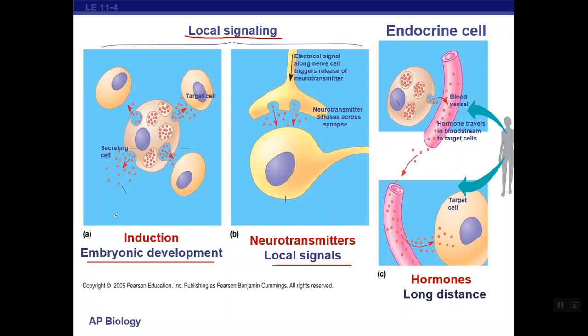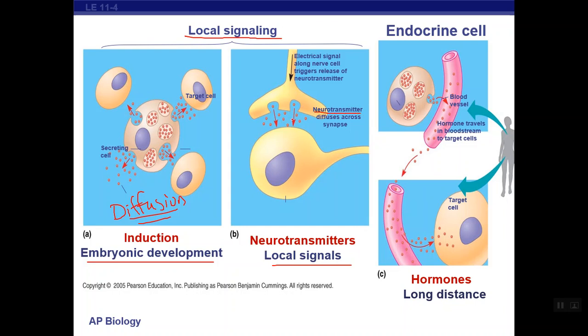Remember, the main movement for what we're going to talk about is diffusion. This is the main way that molecules move, and it's no different for cell-to-cell signaling. In the case of neurons, neurons don't actually touch each other when they send signals to adjacent cells. That signal is responsible for releasing neurotransmitters.